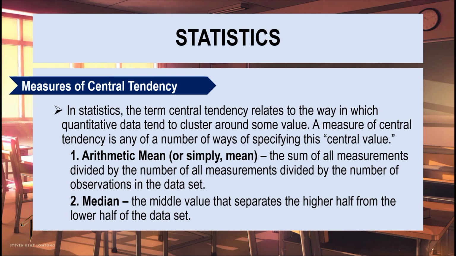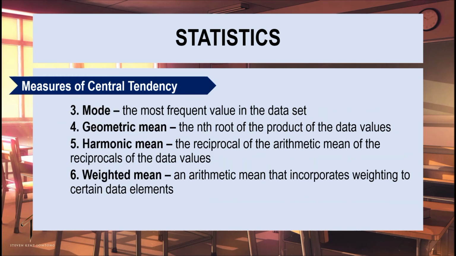So, kunin natin yung middle value. That's the median. Then, mode, the most frequent value in the data set. Geometric mean, the nth root of the product of the data values. Then harmonic mean, the reciprocal of the arithmetic mean of the reciprocals of the data values. Weighted mean, an arithmetic mean that incorporates weighting to certain data elements.